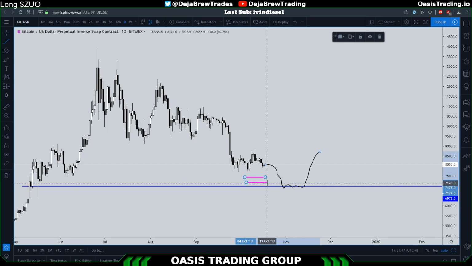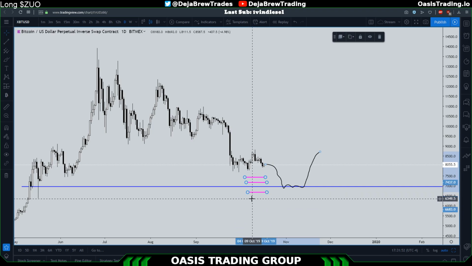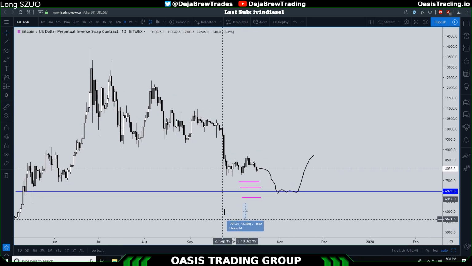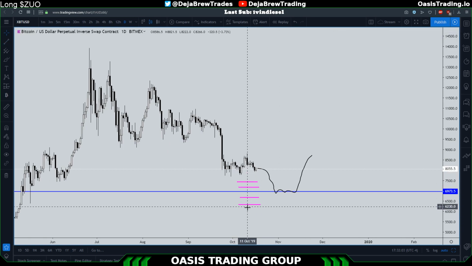Let's say you got in a little bit there, right on the level, and then you had 2 more orders here and here. Come on, TradingView, cooperate, please. So let's say that is your laddering system.